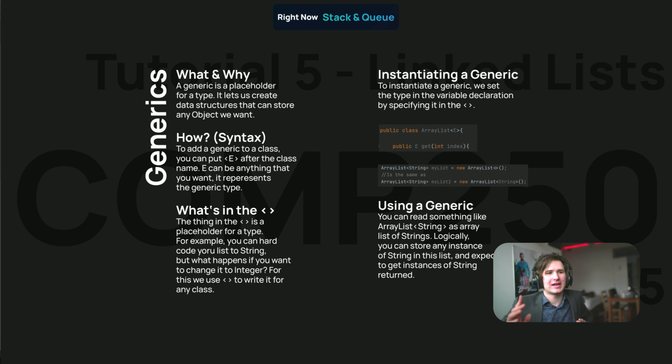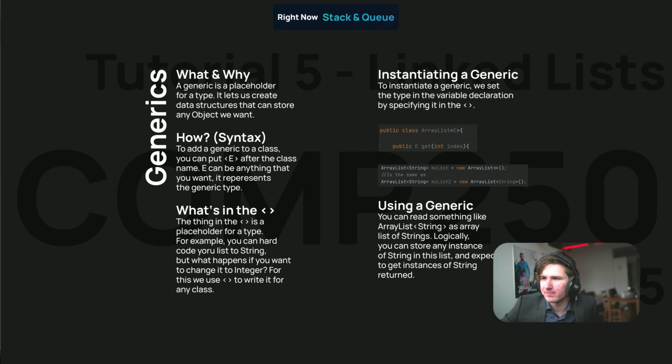So again, the syntax is like this. We have our data structure class name, and then the triangle brackets with a placeholder. Usually the letter E is pretty standard, so we put E as the placeholder for whatever class might be there. E is for everything, basically. Any possible class can go inside there. Then when we instantiate our object in our code, we can say ArrayList of String, meaning the E is replaced with String, and it will be a new array list.